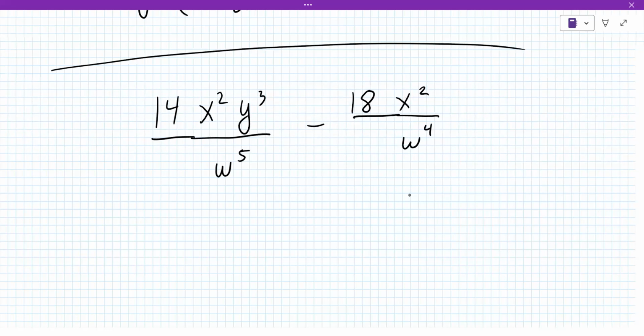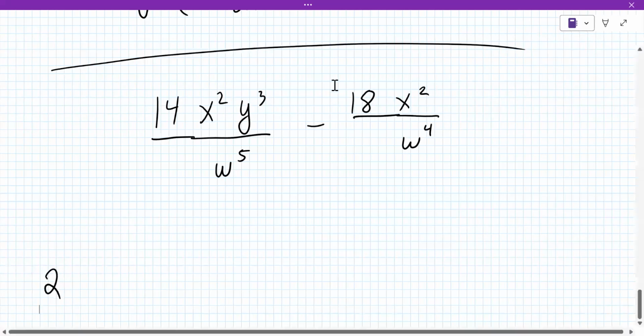You have to look at the numbers, 14 and 18, and just be like, okay, what's the biggest number that goes into both? Is it 2? Just 2, yeah.